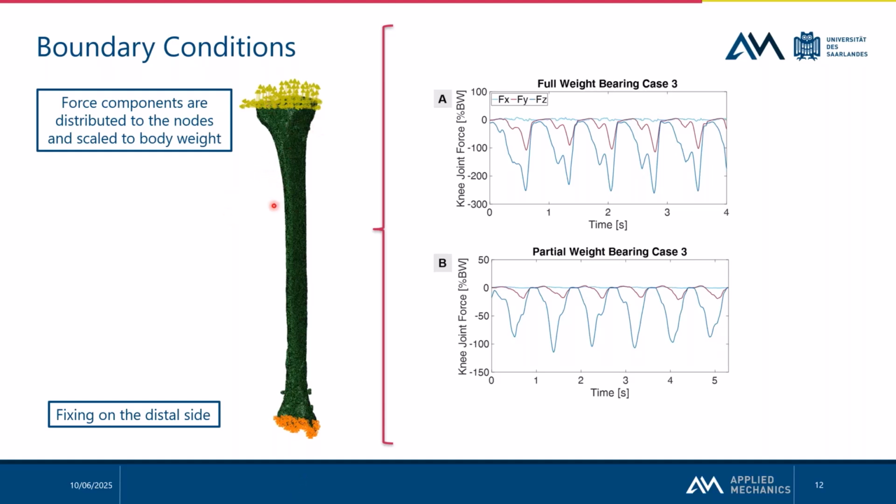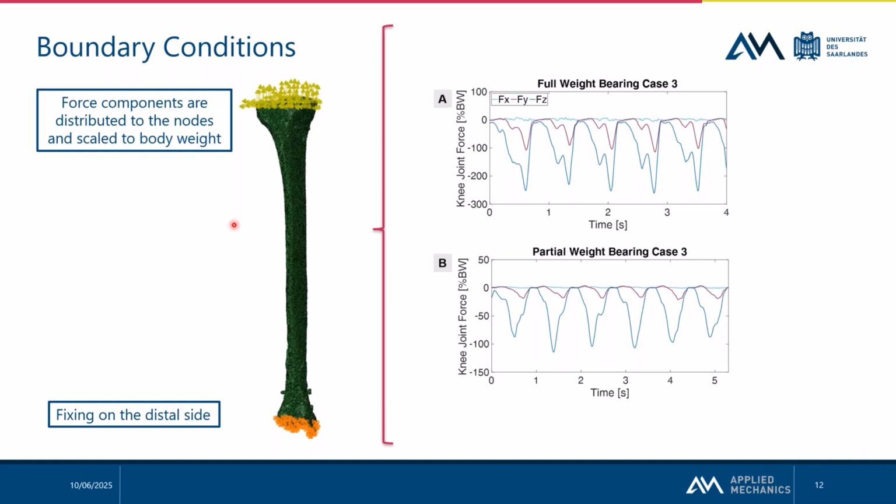So you see here the nodes of the mesh, and they are also scaled obviously to the body weight. And we are fixing on the distal side. And we are really able to simulate a whole step, not only just the maximum force, but what is actually wished by the medical team, what kind of results they want to see, and what they are interested in.